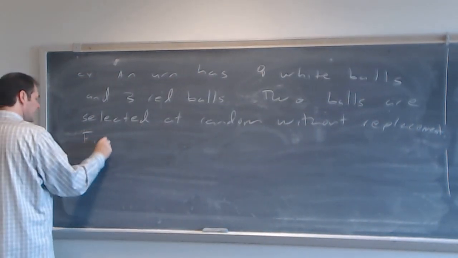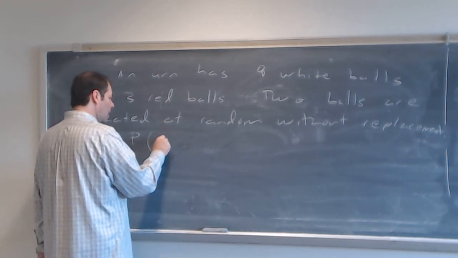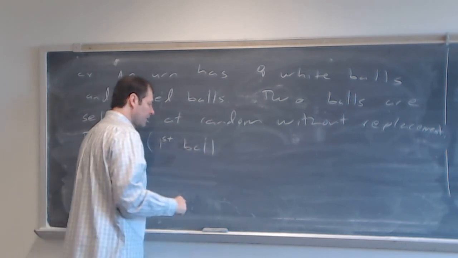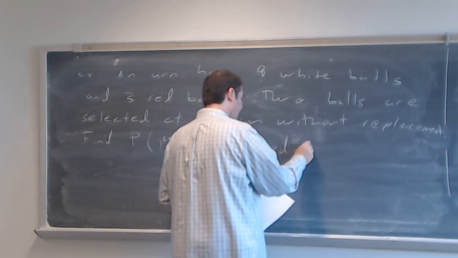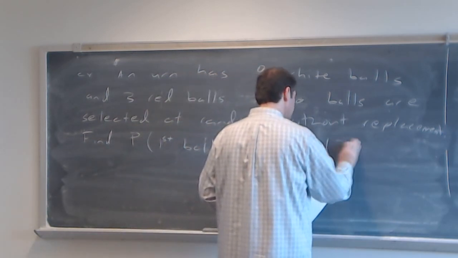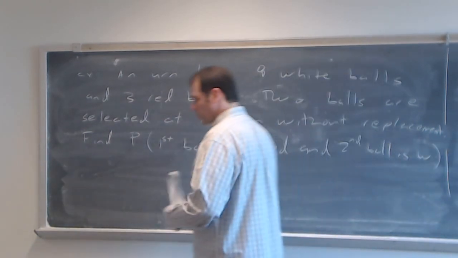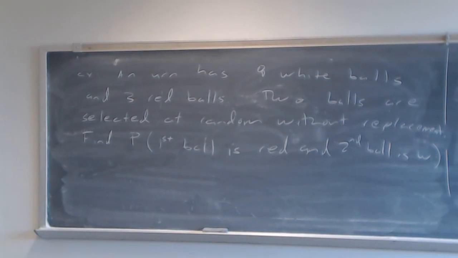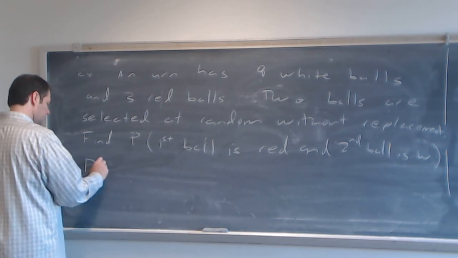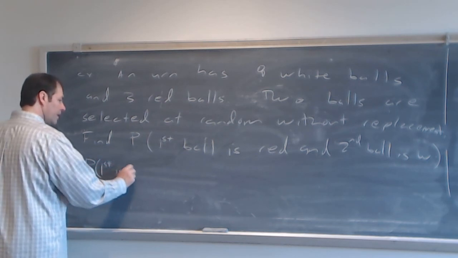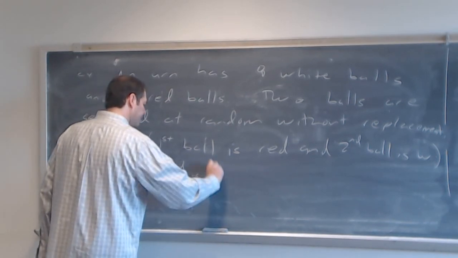Somebody might say, find the probability that the first ball is red, and second ball is white. So that's our question. We're being asked the probability first is red and second is white.